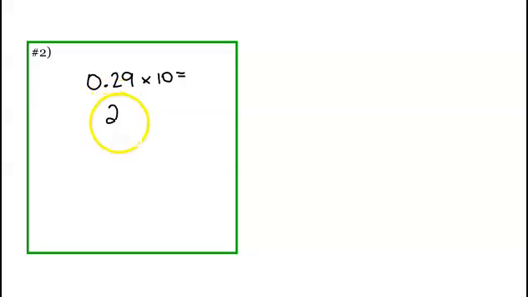So now we have 2 and 9 tenths. So the number didn't change, just the decimal moved over 1 place to the right to make something bigger. Because if I have a candy bar divided into 100 pieces and I get 29 of those little tiny pieces, that's not very much. But if I have 2 whole candy bars and 9 tenths of another candy bar, that's almost 3 candy bars to myself.